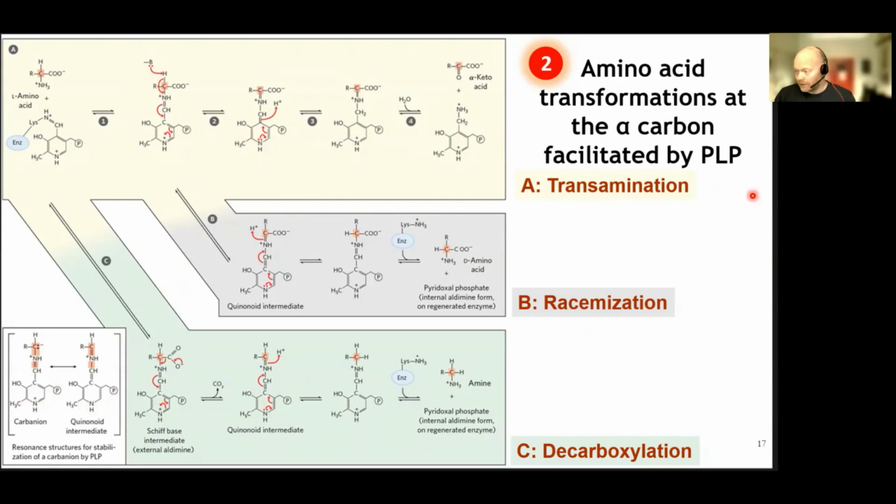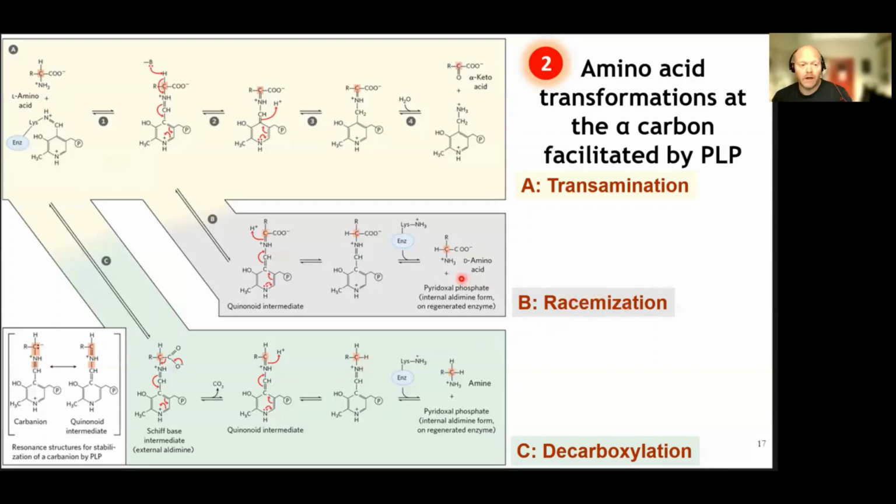It can also be involved in racemization, scheme B, which converts the compound into its mirror image with no other change. So there is not a chemical change as such, it's just converting one mirror image to the other mirror image. And racemization is then a randomization of mirror images.